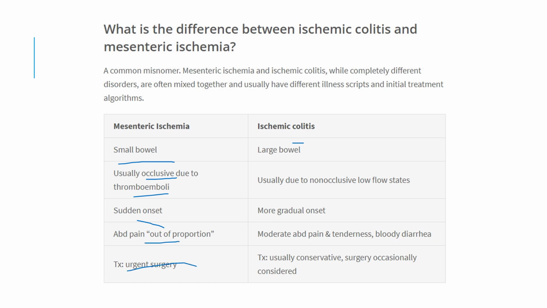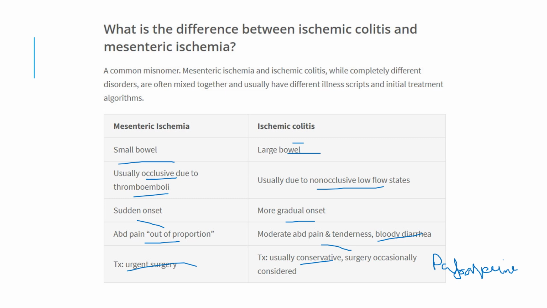Ischemic colitis usually affects the large bowel, usually non-occlusive due to low flow states. It's more gradual in onset, with moderate abdominal pain and tenderness with bloody diarrhea. Usually conservative management; surgery is occasionally considered. You can also give intra-arterial papaverine. Papaverine, they say, for a non-occlusive ischemic event.